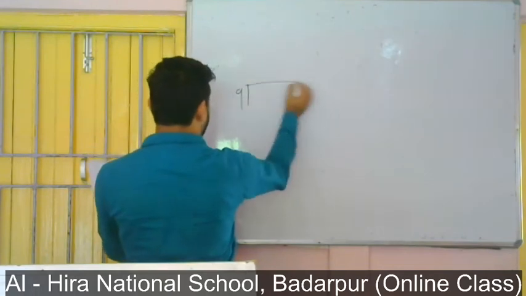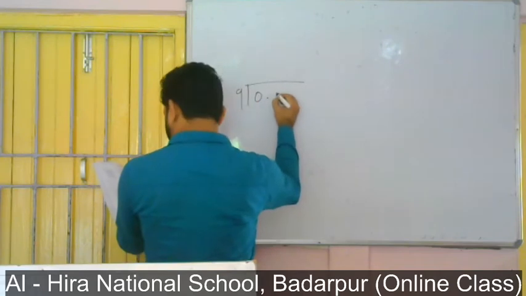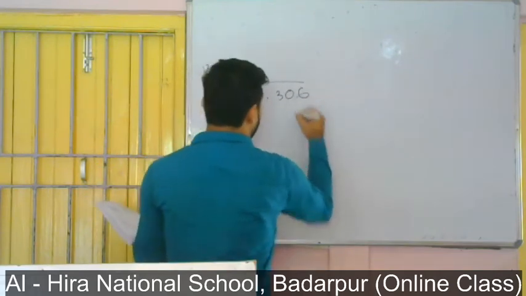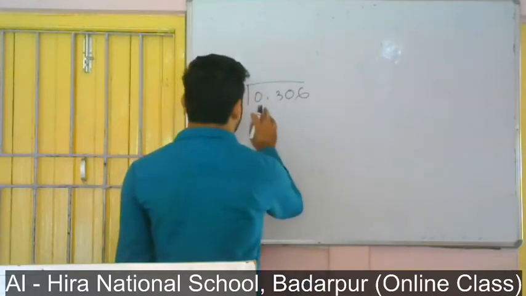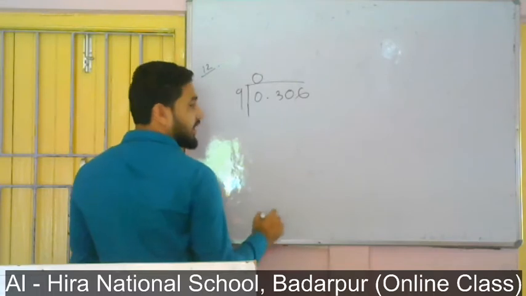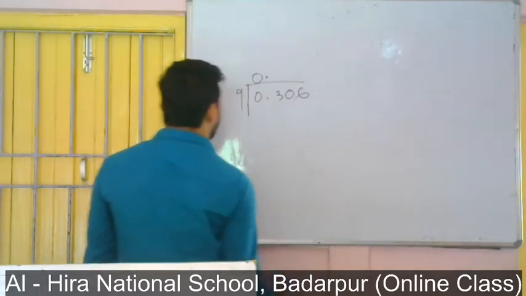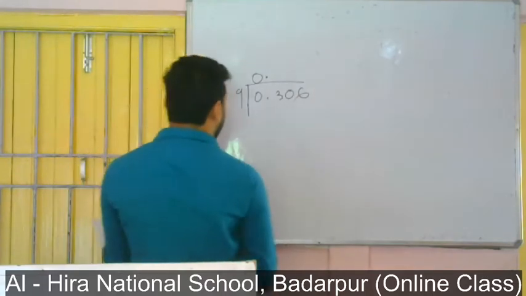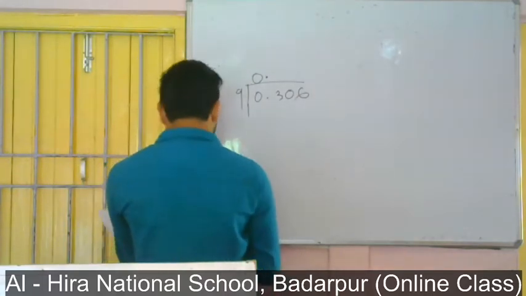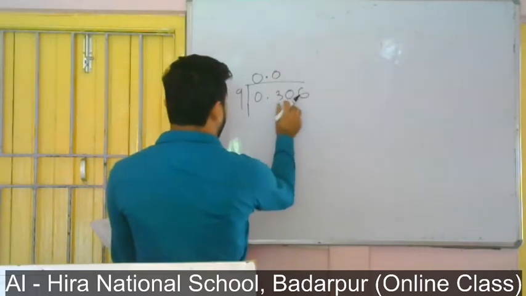9 divided by 0.306. This integral part is not divisible, so we will put 0. After that we will put point, 0 point, after that we take 3, so 3 is also not divisible, so we will put 10 and we will take 30.